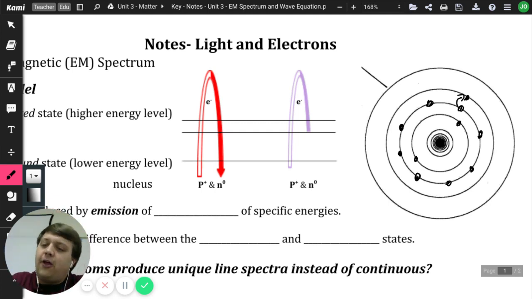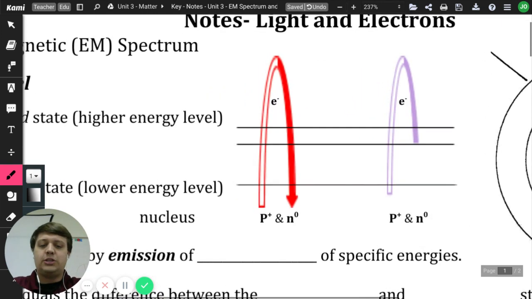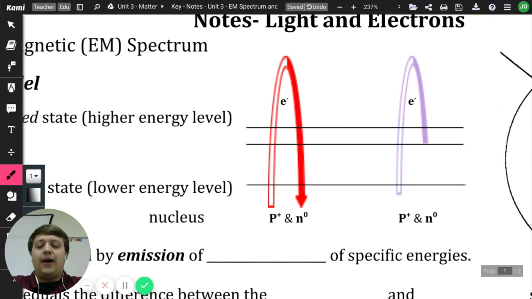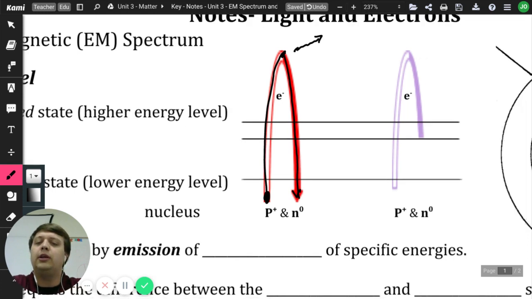When they fall down, all that extra energy that they caught is released, in the form of photons, which is light. That's what we're seeing here. If I have the electron at its ground state, it jumps way up here, and then it eventually falls back down. When it falls back down, we release energy.